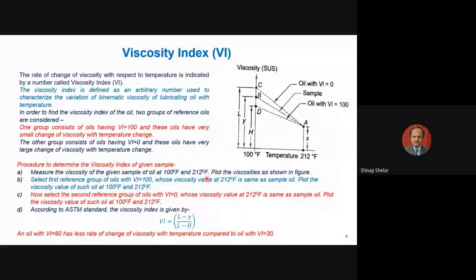Then plot this viscosity as shown in the figure. This is the vertical ordinate at 100 degrees, this is the vertical ordinate at 200 degrees, and the x-axis represents temperature.